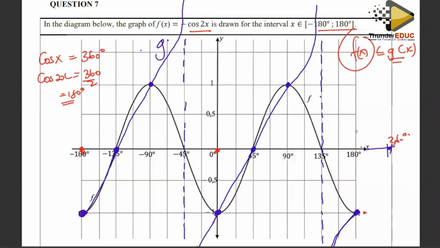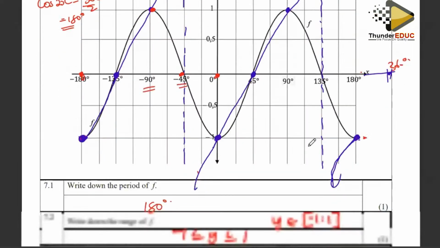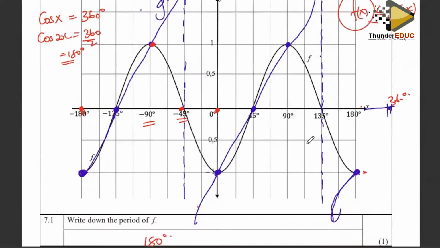So where do we find the graph of f to be under g? Between this point and this point, the graph is below. So we're going to say -90 and then -45. I don't know about this side, because I'm not that accurate with my drawing, but I'll presume they were using the same line.